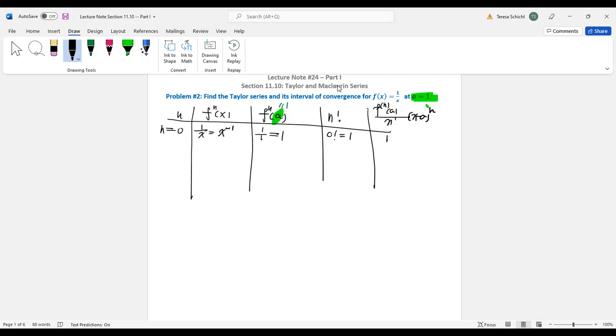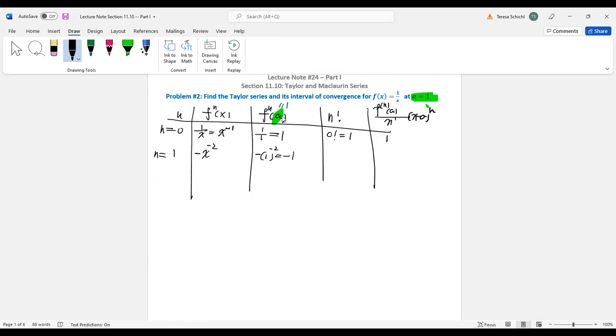All right, now I have n equal to 1. That means you take the first derivative. So this will be negative x to the negative 2. Then you plug the 1 in, so this will be negative 1 to the negative 2, which is negative 1.